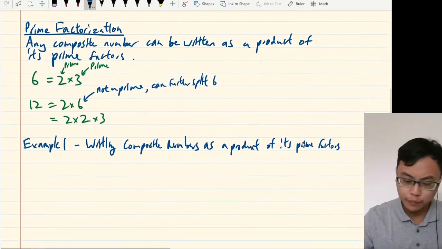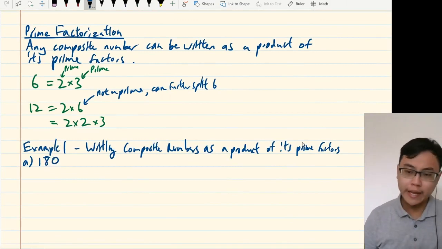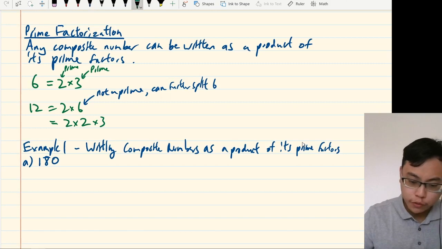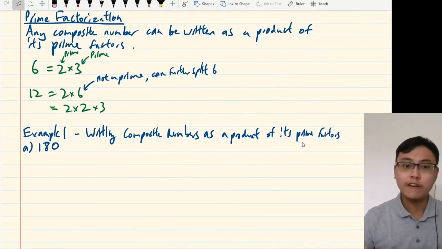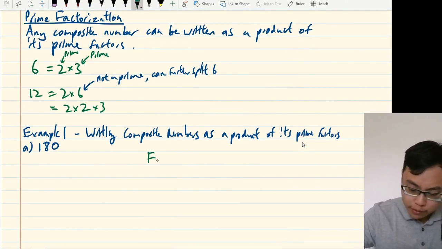This is the first example, and we want to write the number 180 as a product of its prime factors. Remember, last lesson we learned the factor tree. We are going to continue using the factor tree method.